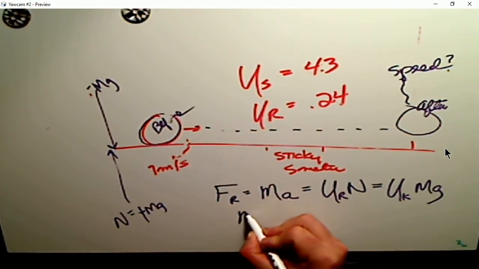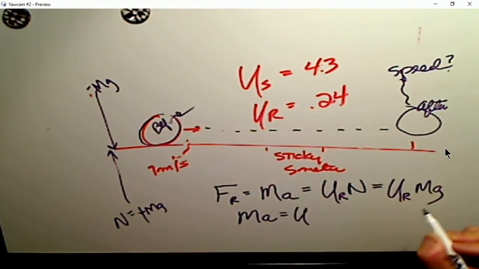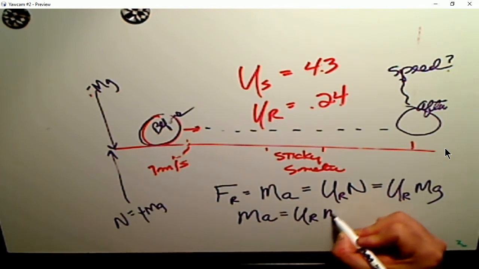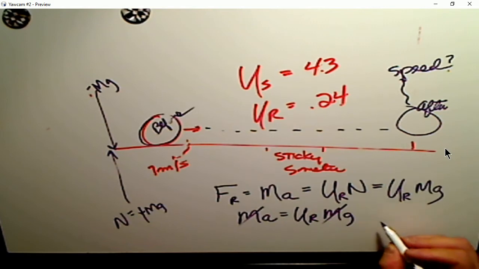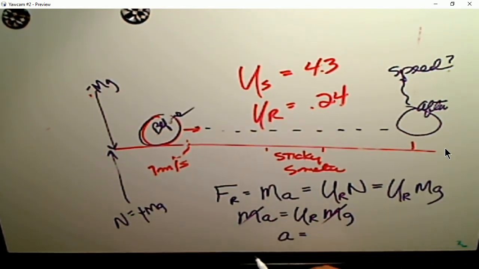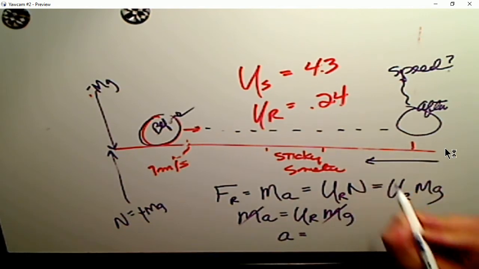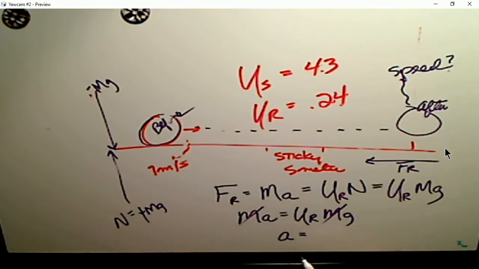Well, if MA is equal to U rolling times mg, you can see that the m's cancel out. And I can get the deceleration, the force of rolling friction that is decelerating it.